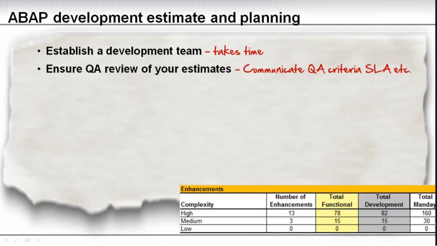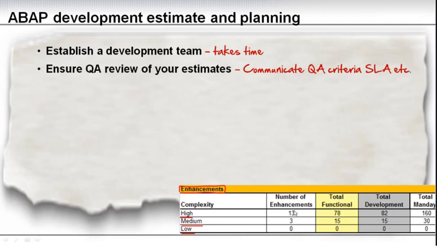So this is the normal matrix that I've used on a number of projects. This is for enhancements, the E in the RISE-F abbreviation. So you categorize it into high, medium, low complexity. The functional team supported by development teams do that.